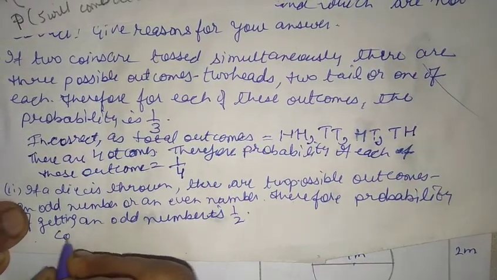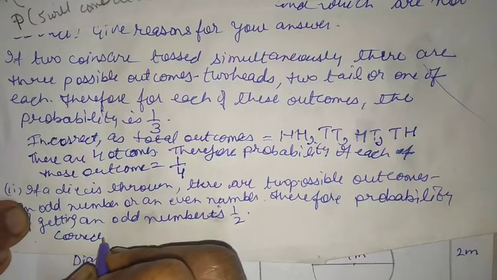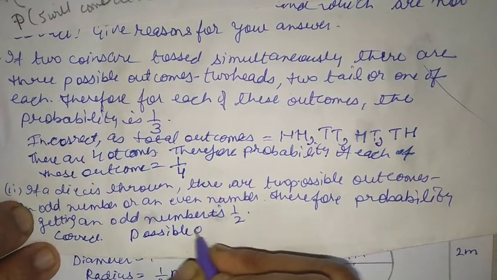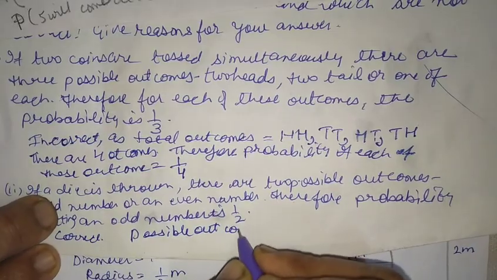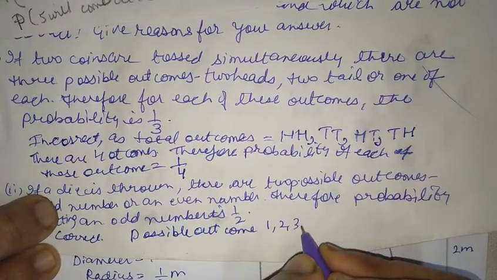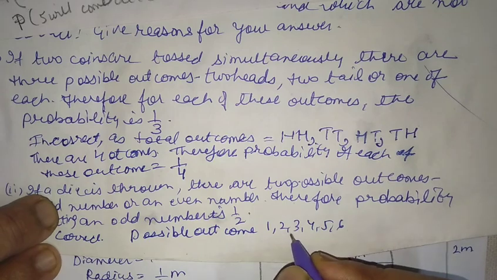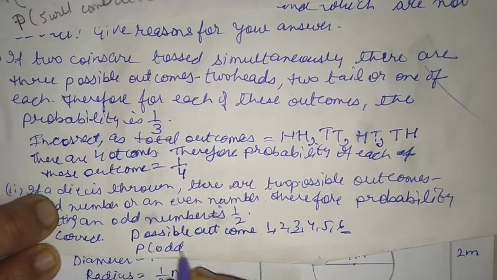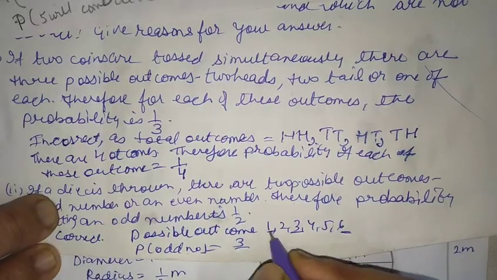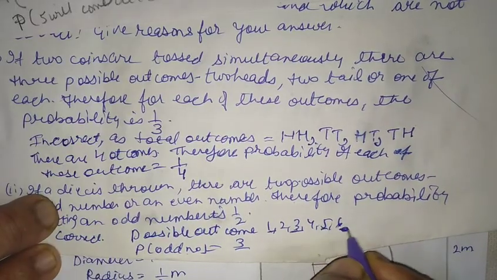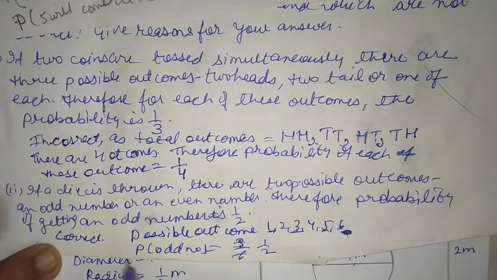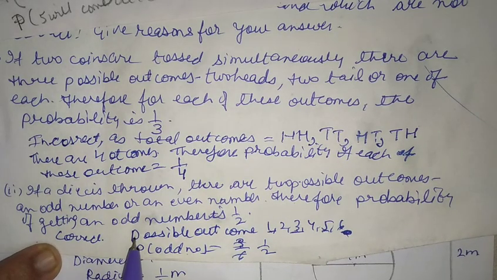This is a correct argument, because the possible outcomes here are 1, 2, 3, 4, 5, 6, and the number of odd numbers we have is 3, that is 1, 3, and 5. So it is 3, and total outcomes is 6, that is 1 by 2. So this statement is true, this argument is correct. I hope you understood this question. Thank you.